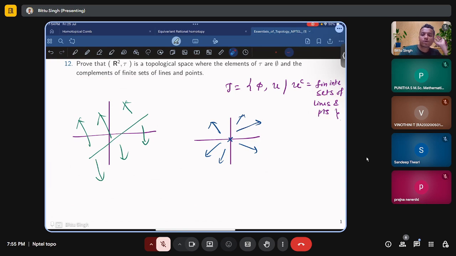So you can check this forms a topological space. The argument is very easy. Just see what happens when we take complements. It is just an application of De Morgan's law. You only need to see this fact, that finitely many lines intersect in finitely many points.